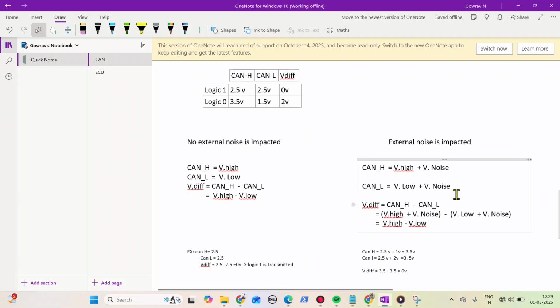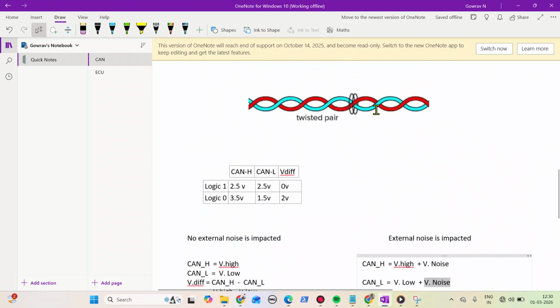Then we cannot decide how much is induced in this wire and how much in that wire. Only if both noises are the same can we say the difference will give the exact, accurate value. To match both values with the same noise voltages, we are using this twisted pair.